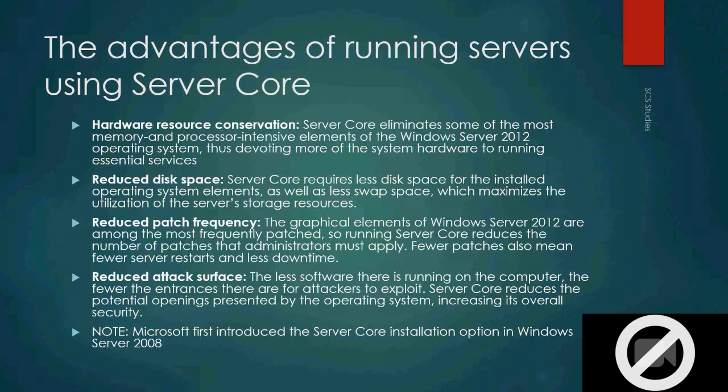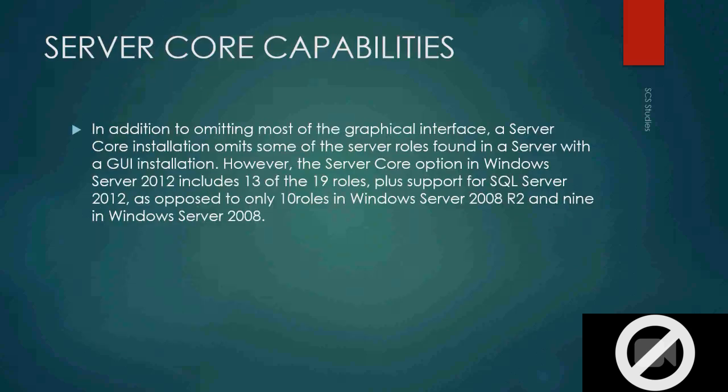To get the server core version, you have to use 2008 or any higher edition, 2008 up to 2012, 2016 or any other. It is also only available in Datacenter and Standard editions. Let's move to the next slide.